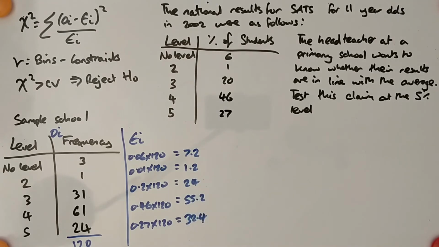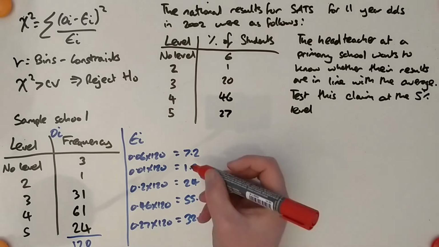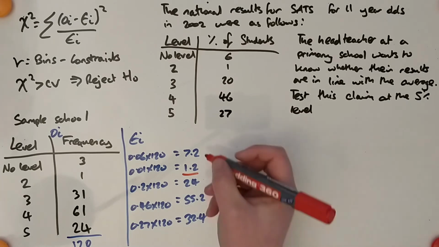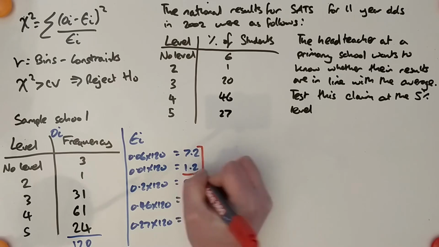Our usual rules for a chi-square test still apply, so I've got an issue. That value there is less than 5, so I need to combine. If it's a goodness of fit test, combining is easy because I've only really got one option. So I'm going to combine these two values here.